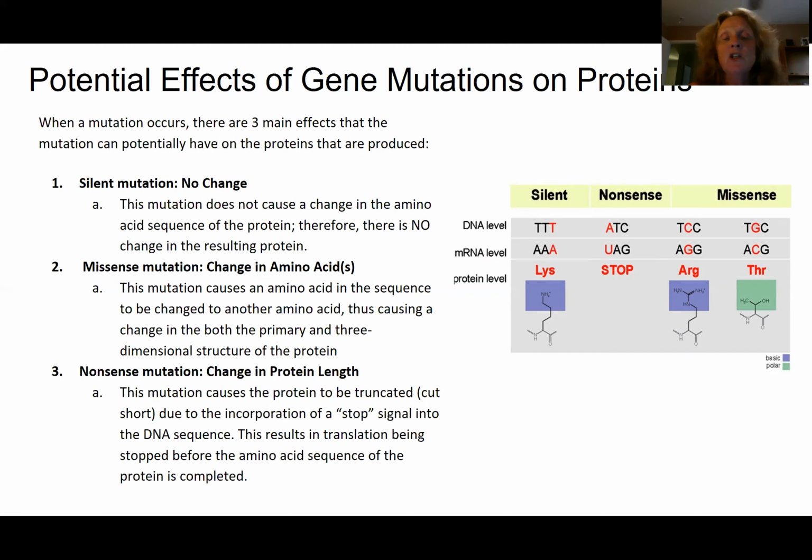Missense mutation is a change in the amino acids. So this mutation causes an amino acid in the sequence to be changed to another amino acid, thus causing the change in both the primary and the three-dimensional structure of the protein, okay? So definitely something different is going to occur. So if we look at these right now, we can see where the silent is saying that there's no change here, okay?